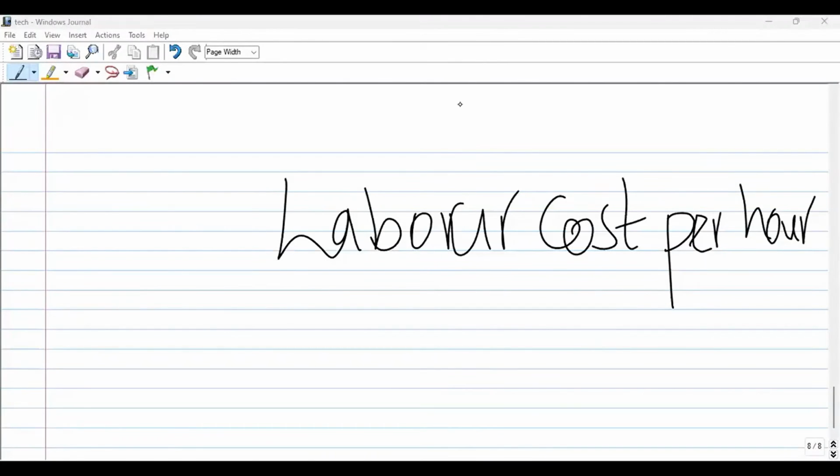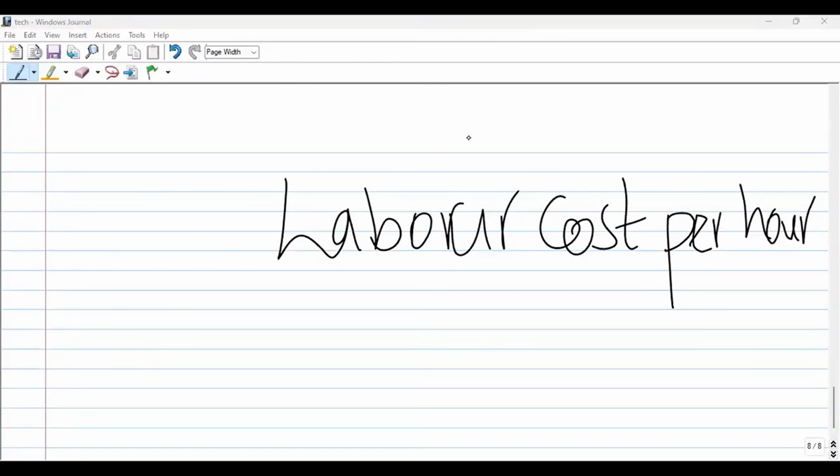You must see what the examiner has given you. The examiner can give you both direct and indirect costs, or only indirect costs. But direct costs are always per something. Like if it gives you a labor cost per hour, that is a direct cost. If it gives you a material cost per unit, that is a direct cost or a variable cost.